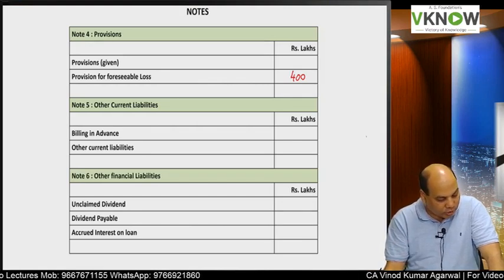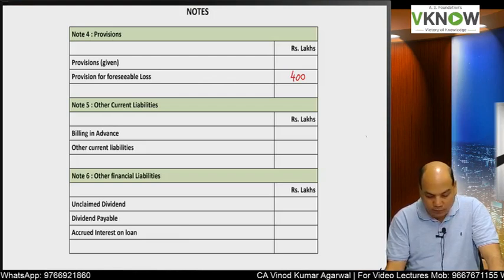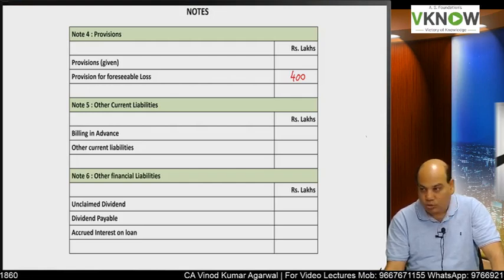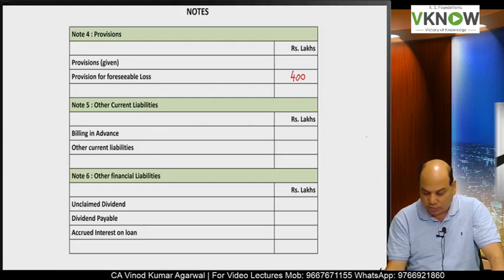Liability side, there is a long term borrowing 5700. For that you read note 2 of the question. Long term borrowing, term loan 5700, but there is another note below. Where is that note? Adjustment number 2, additional information point 2. Term loan from bank includes interest accrued and due 700 lakh on reporting date.